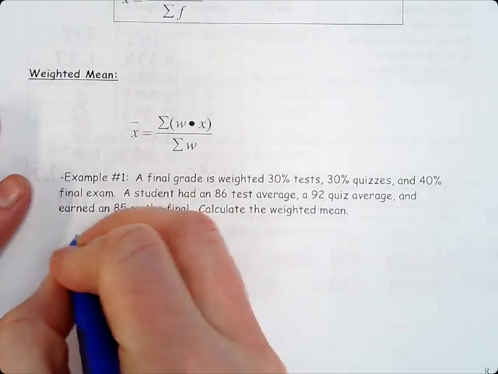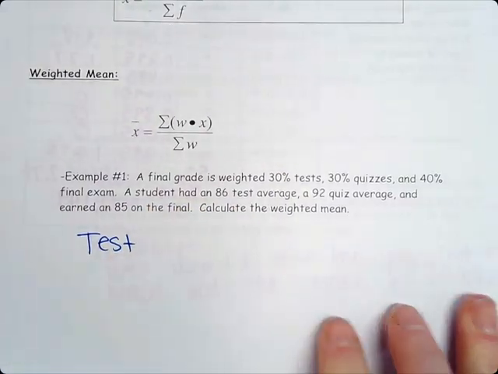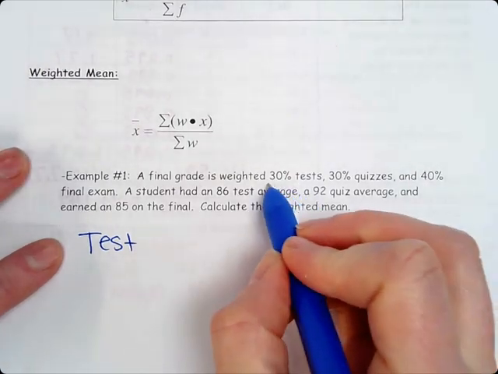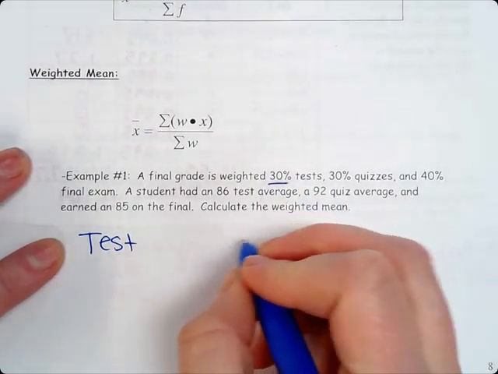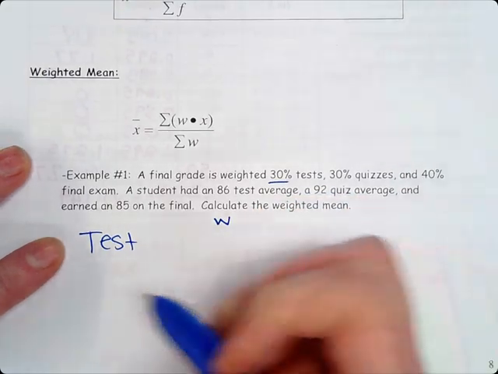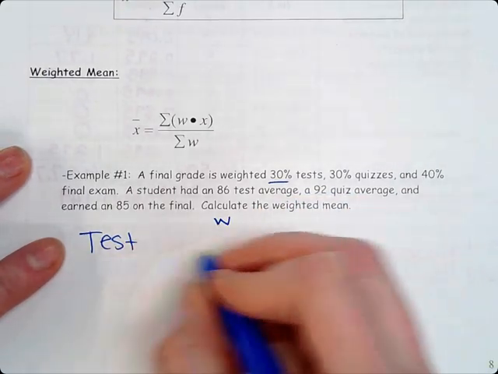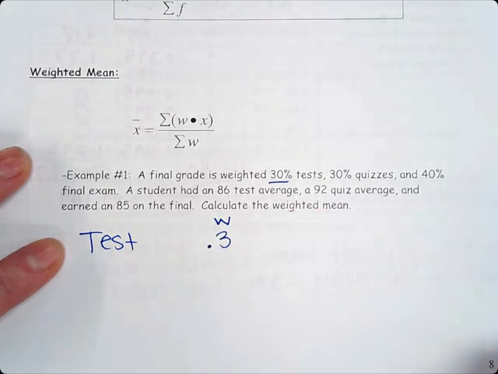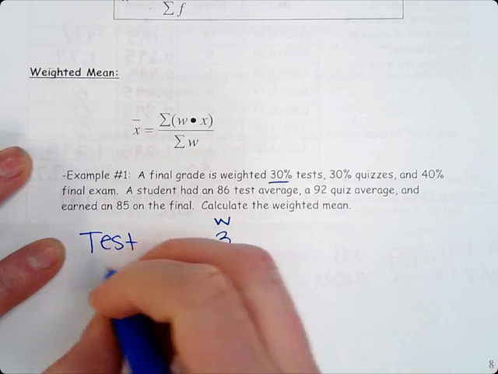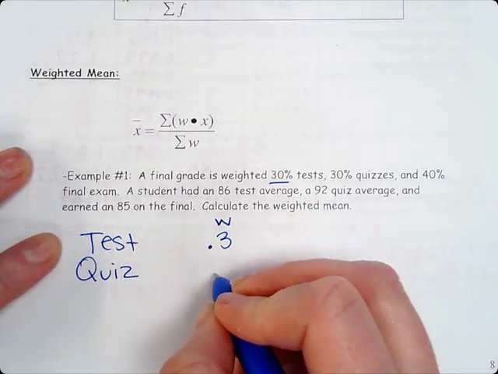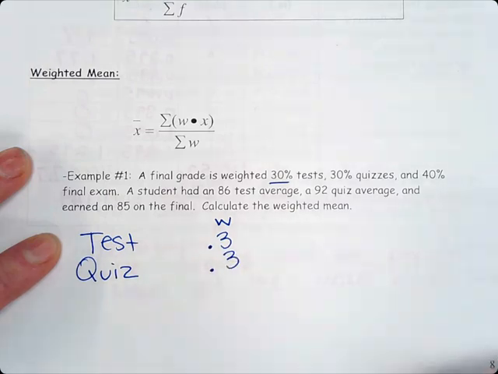So let's look at what we have on test. The test counts for 30%. So that is our weight. So I'm going to make some rows and columns here. So our weight for test is 0.3. Our weight for quizzes is 0.3.